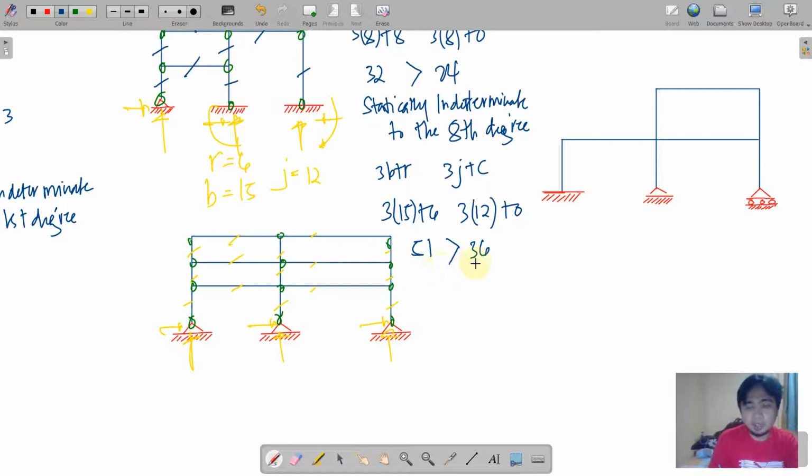And 51 is how many units greater than 36? We have 15. So basically, we have a statically indeterminate to the 15th degree.